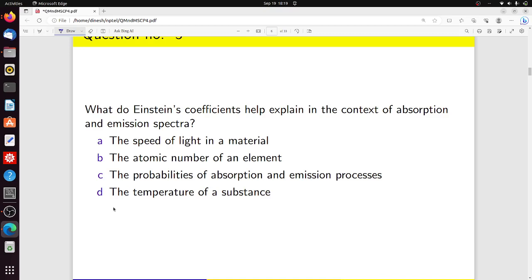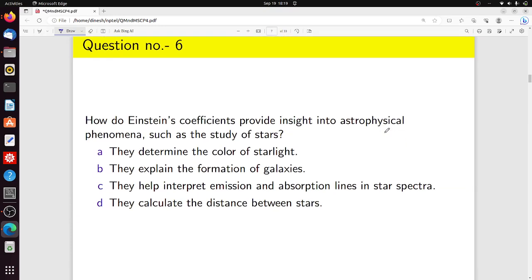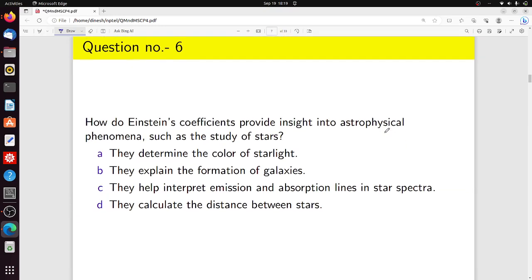Yes, right. Good. Einstein coefficients help explain the probabilities of absorption and emission processes. Coming to the next question. How do Einstein coefficients provide insight into astrophysical phenomena such as the study of stars? These are the options.